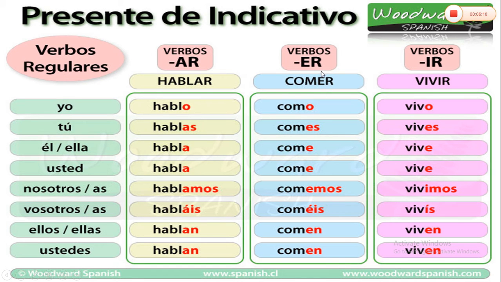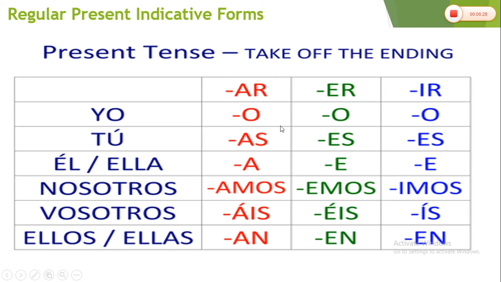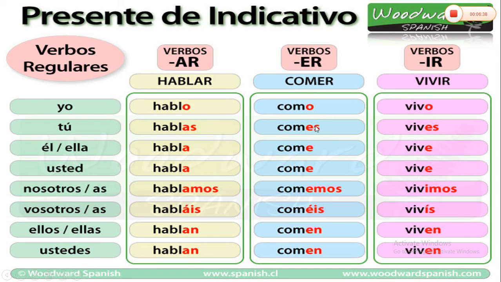Let us go to ER verb. The same rule is applied. Comer means to eat. Yo como means I eat. Tú comes. You can see with tú, ER will get replaced with es. So tú comes, you eat.